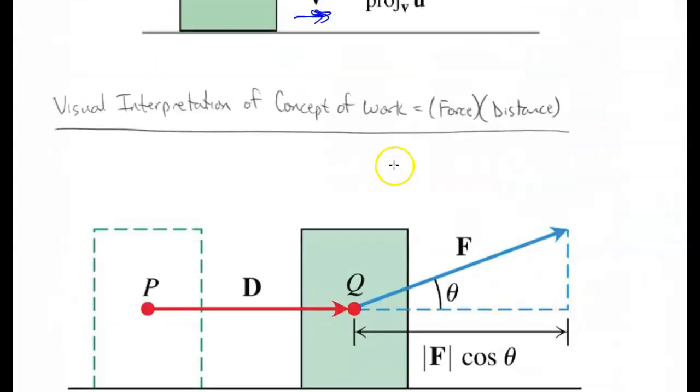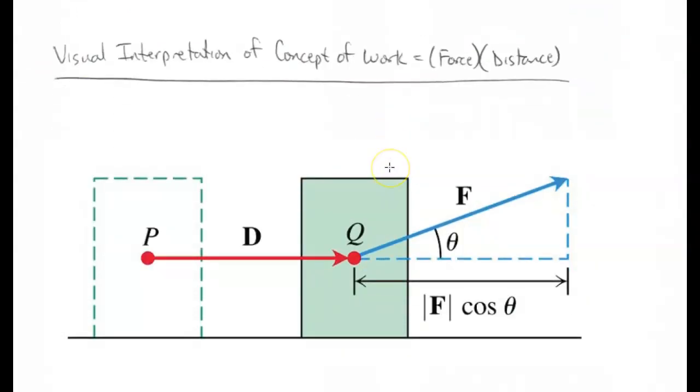So, the visual interpretation of work. Notice that if we have some force pulling on a box at a certain angle here, then like I've said before, depending upon the angle, that lets us know how much of the magnitude of this force will actually be applied in the positive x direction.